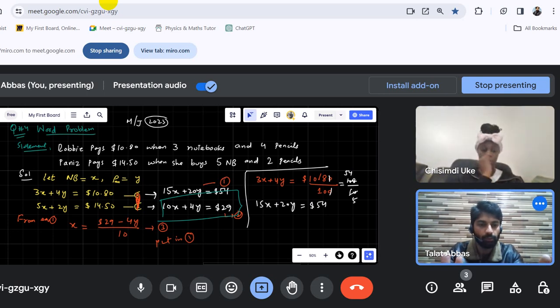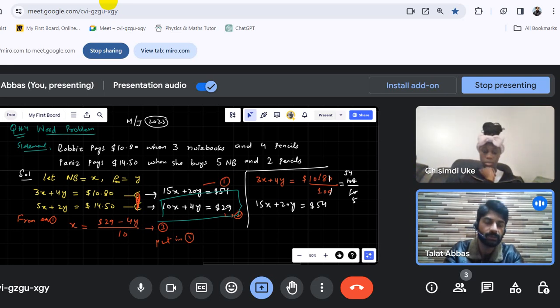When you know both methods, for some questions the elimination method is more preferable than the substitution method, and for some questions the substitution method is better. So you need to learn both methods, as there are pros and cons of both. Sometimes you find substitution easier, sometimes elimination.